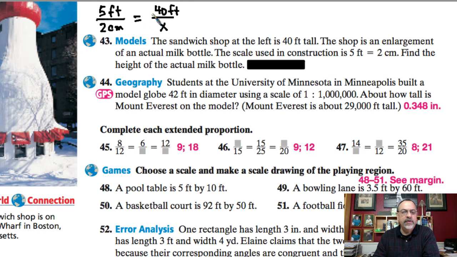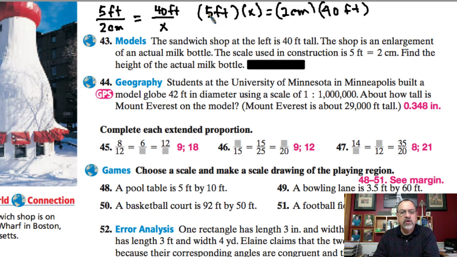Now I'm going to keep the units in place because I want you to see how you can tell what the units should be. Because remember, we've been talking about whatever you do with numbers, you can do with letters or even words. So when I multiply 5 feet times x, that means 5 feet times x is equal to 2 centimeters times 40 feet.